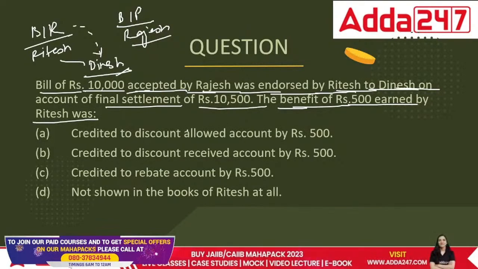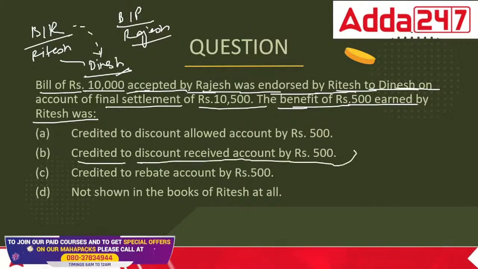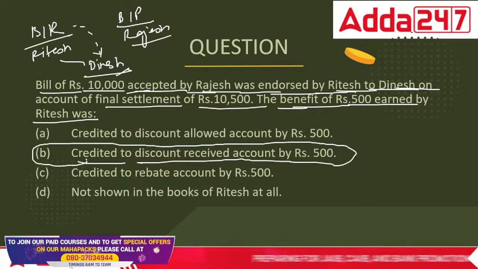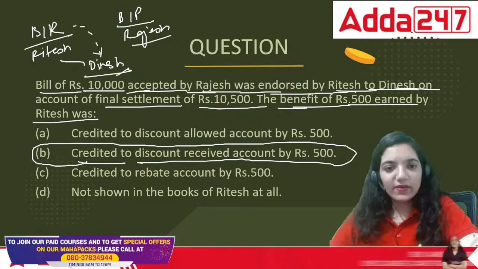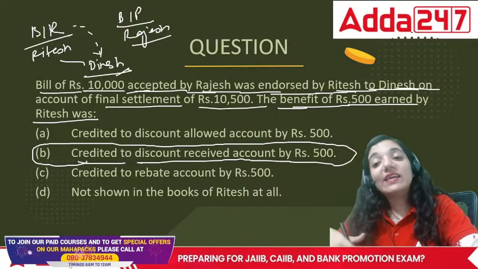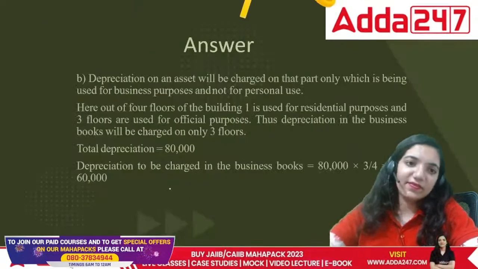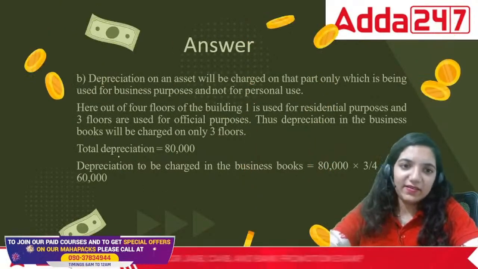If you are receiving the benefit, then it would be credited to the discount received. It would be a part of discount received. Okay? Since we are receiving the discount, it's an income, so the income should be credited. Okay, I'll just correct the answer there.